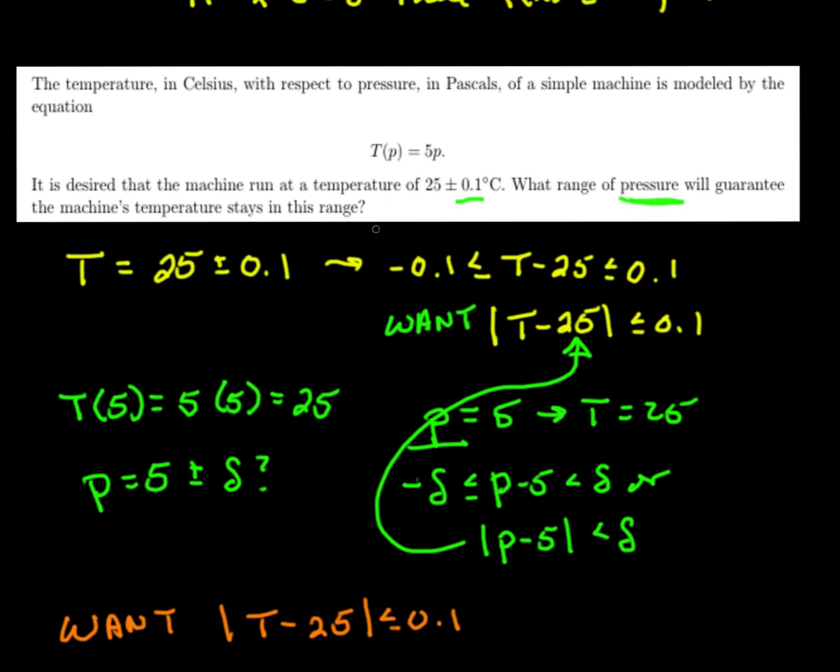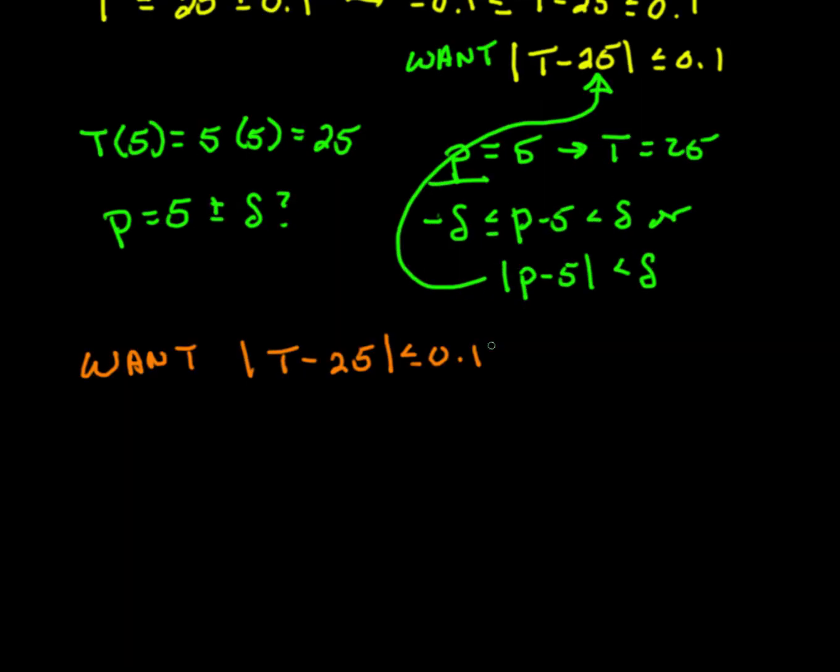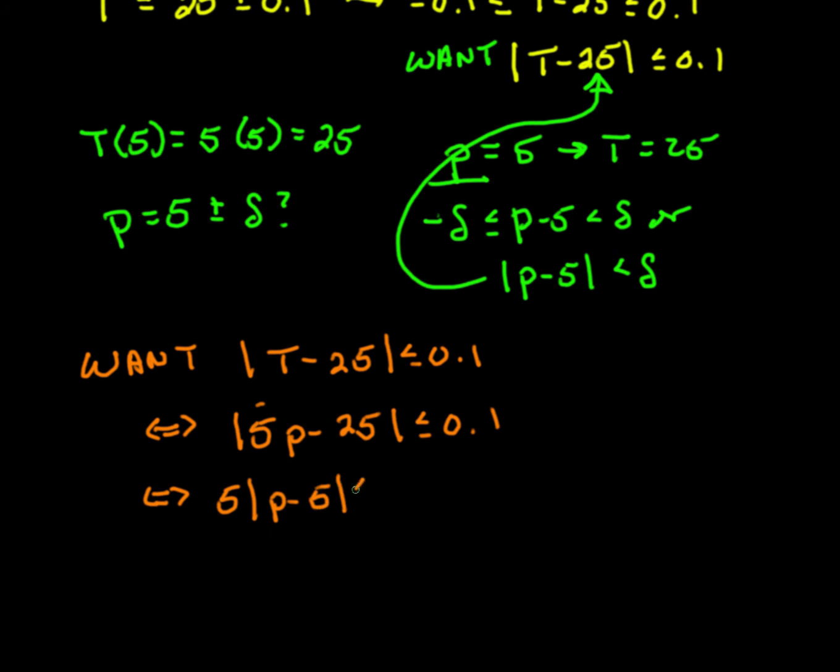Well, T is 5 times P. So this is true if and only if the absolute value of 5P minus 25 is less than or equal to 0.1. Now, I've got a 5 here and a 5 here. I can do some factoring. So this is true if and only if 5 times the absolute value of P minus 5 is less than or equal to 0.1.